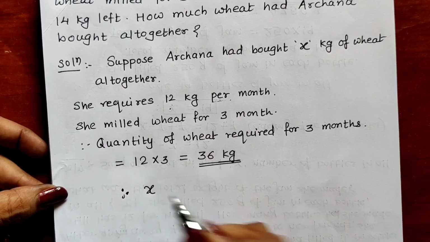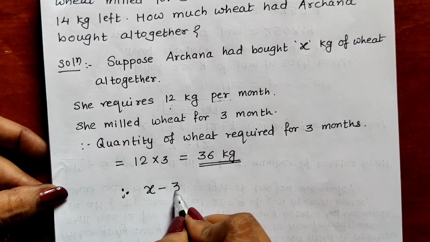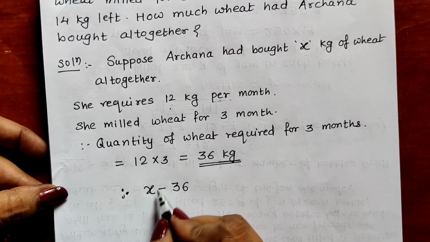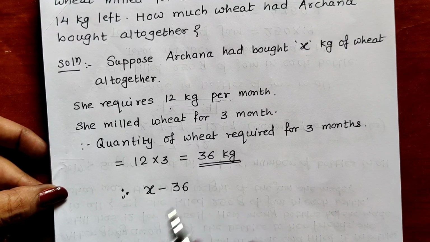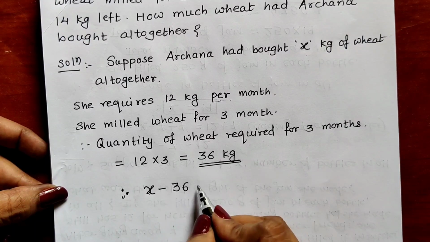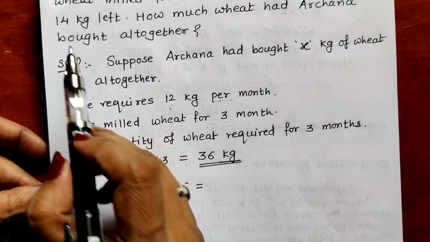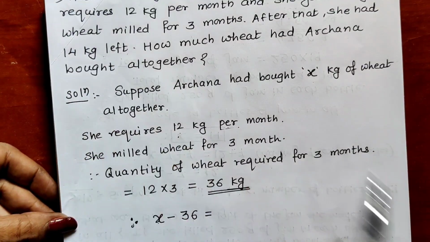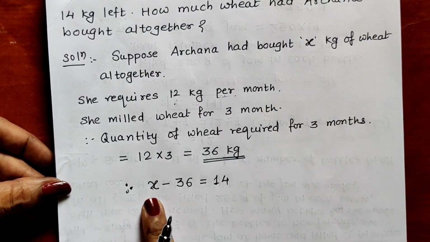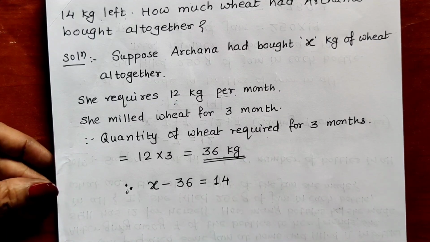From the total wheat, 36 kg is subtracted. But after subtracting 36 kg also, how much is left? 14 kg is left. From X kg of wheat, 36 kg is milled, 14 kg is remaining.